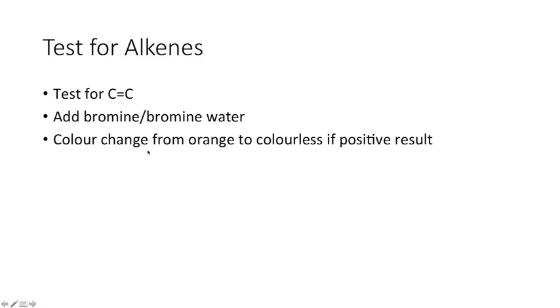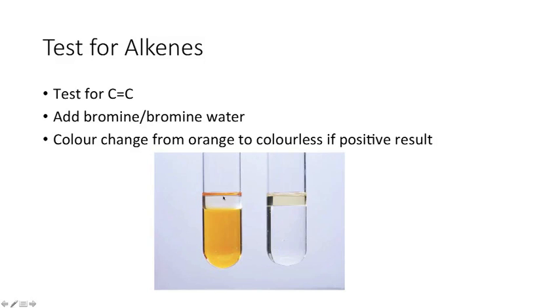So the test for alkenes is the same as their functional group, so it's a test for the C=C double bond. You add either bromine or bromine water, and it will colour change from orange to colourless if it's a positive result. So here we have a negative test, and here we have a positive test.